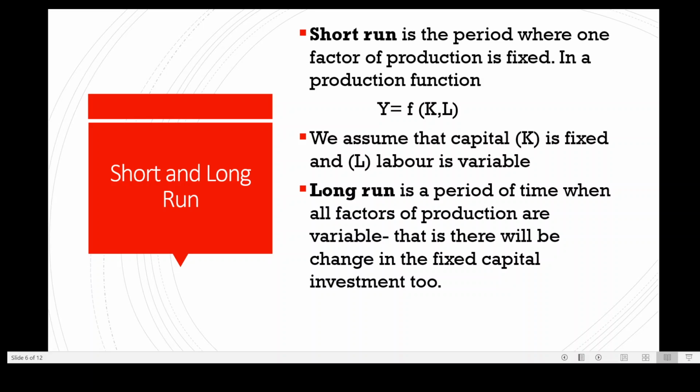That's the short run. But in the long run, all fixed factors vary. So all factors of production are variable in the long run. There will be change even in the fixed capital investment, like setting up a new plant and machinery, or buying new machinery. So we have a short run concept and a long run concept.